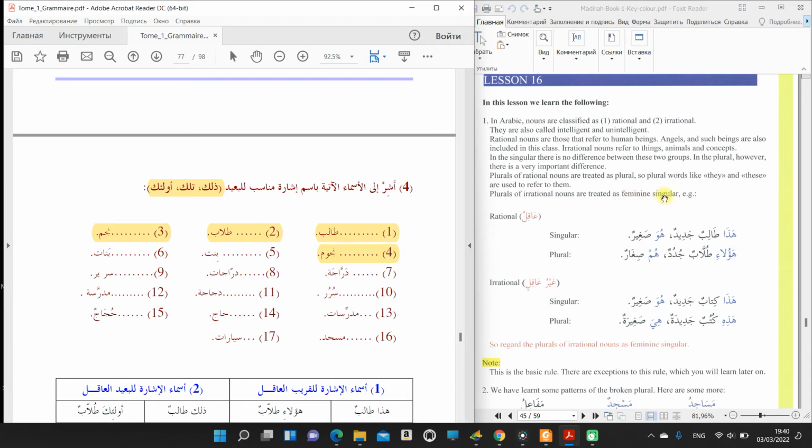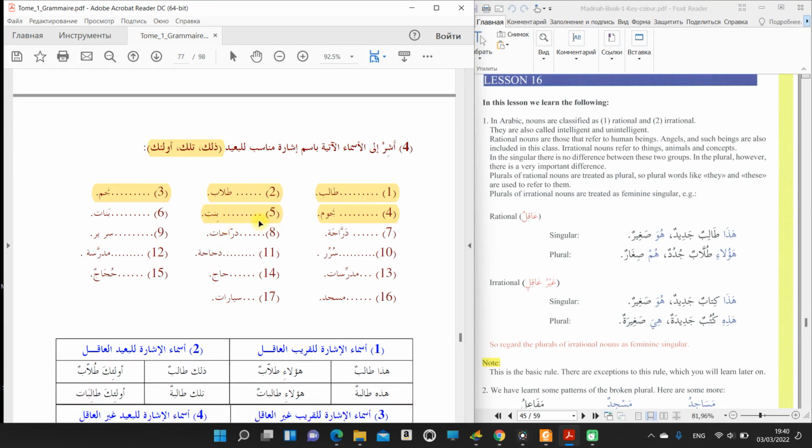We treat it as feminine singular. بنت, daughter, هذه بنت. بنات, daughters, أولئك بنات. دراجة, a bicycle, هذه دراجة. دراجات, bicycles, the plural form, but still it's not هذه. What I'm saying, تلك دراجة, sorry. And دراجات, we'll say تلك دراجات. We won't say أولئك because it's irrational, it's unintelligent.